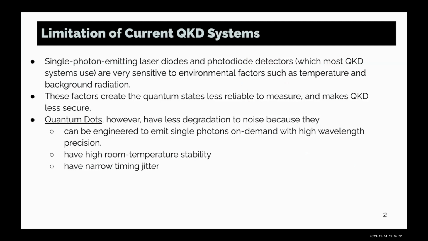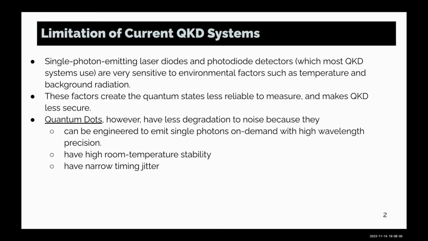So what are some limitations of current QKD systems that we are trying to solve? Most current real-life QKD systems employ single photon emitting pulse laser diodes to send photons and photodiode detectors to detect photons. However, a limitation of using these hardwares is that they are very sensitive to outside environmental factors such as temperature and background radiation, all of which can cause the quantum states which are emitted to be less reliable to measure.